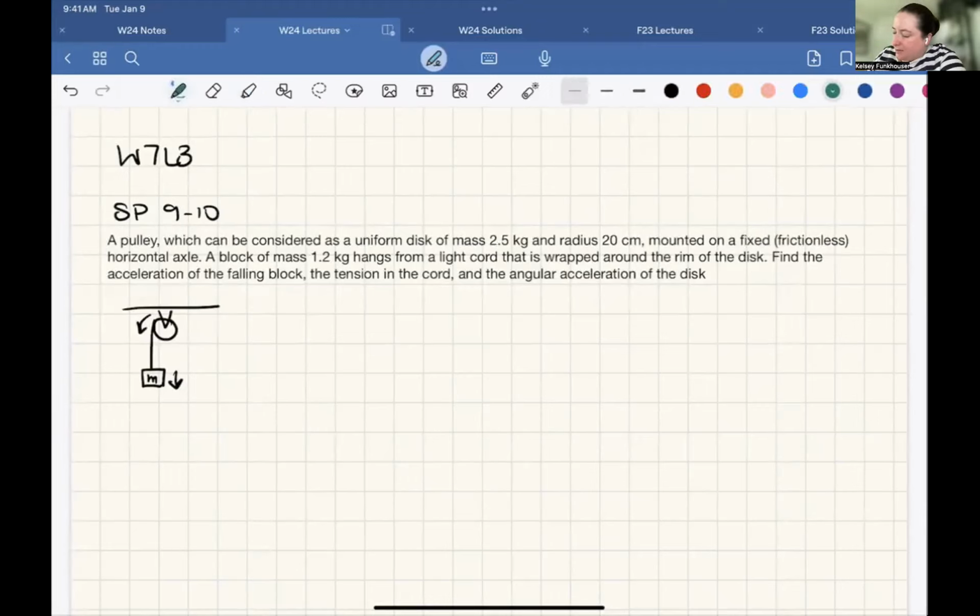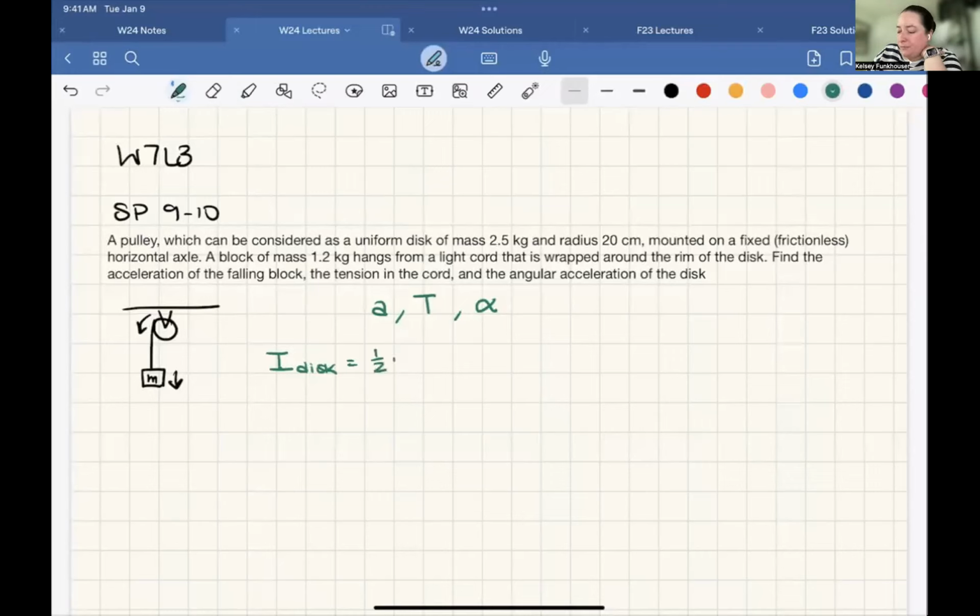So that's a lot of things. Right, what we want: we want acceleration, we want the tension, and we want the angular acceleration. And we're told that this is a disc rotating about its center, so we can just use the rotational inertia for a disc about its center, which you should look up in the table, but I already did.